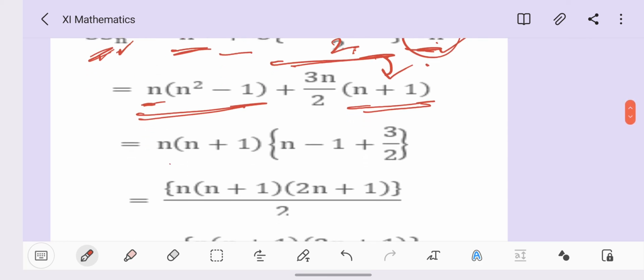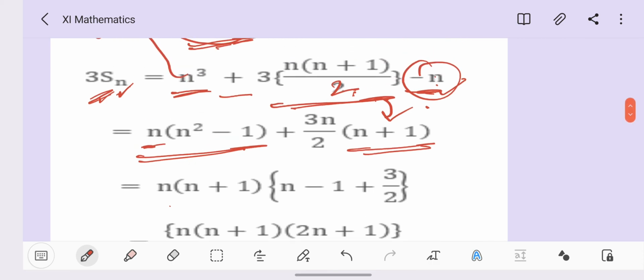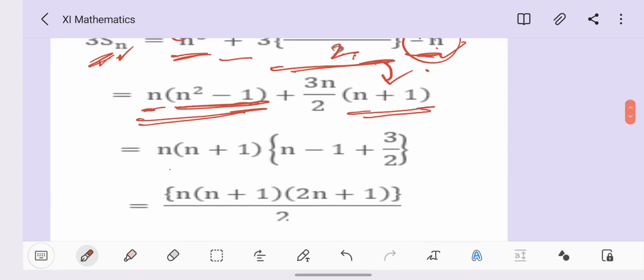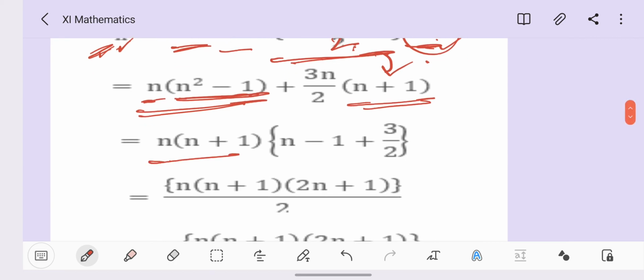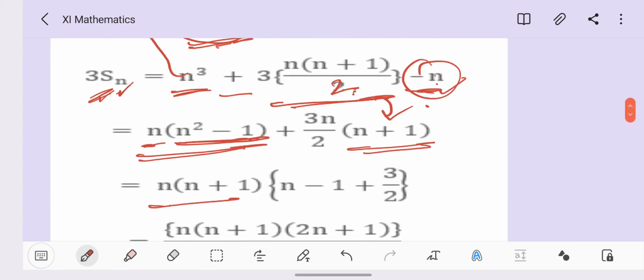Then n into n plus 1 and n minus 1, because the expansion of n square minus 1 is n plus 1 and n minus 1, using the identity a square minus b square. So I'll write one more step here: n into n plus 1 and n minus 1 plus 3n by 2 into n plus 1.